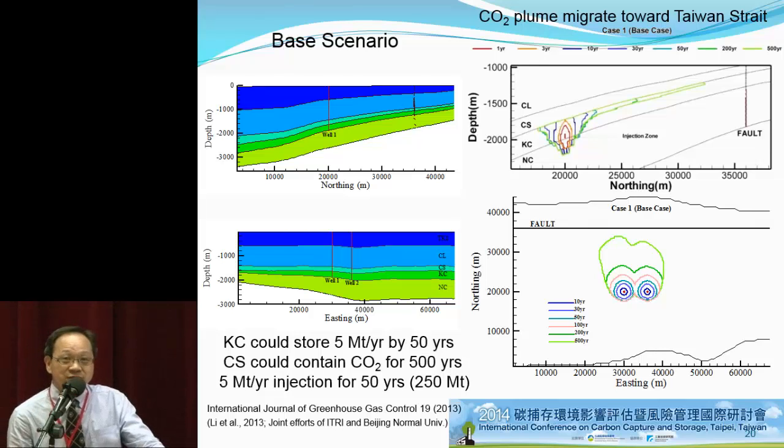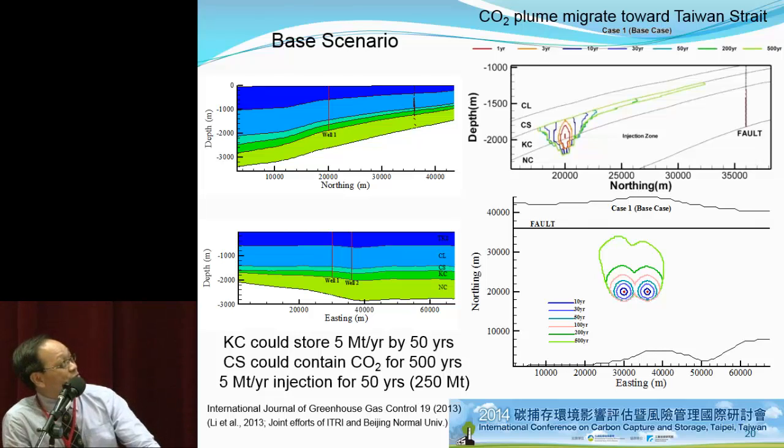If the injection period is 50 years, the Guizhulin and the Nanzhuang Formation can host around 250 megatons. So this is also a good amount of CO2 capacity.